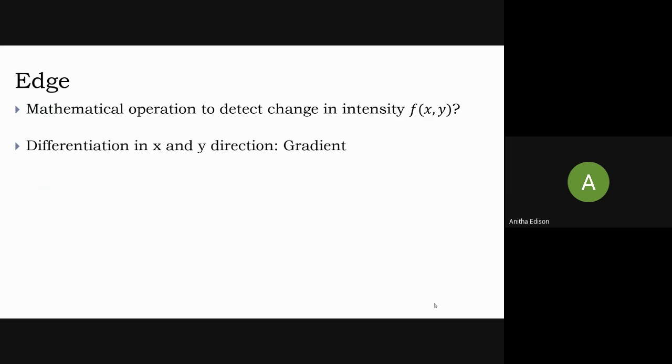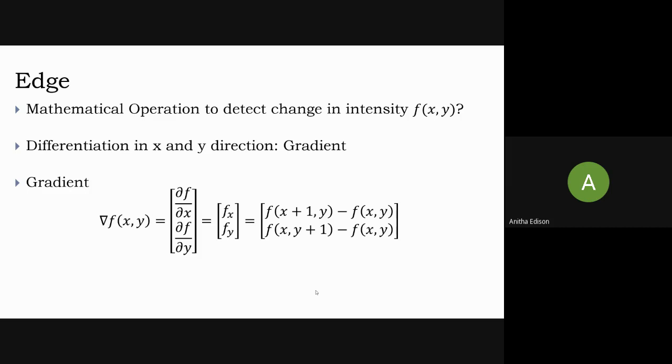But we need to know the change in x direction and we need to know the change in y direction. So we can use the gradient operation, that is, differentiation of the image intensity in x direction and differentiation of the image intensity in y direction. That is what is called the gradient. And we can use this gradient to identify the edges in the image.